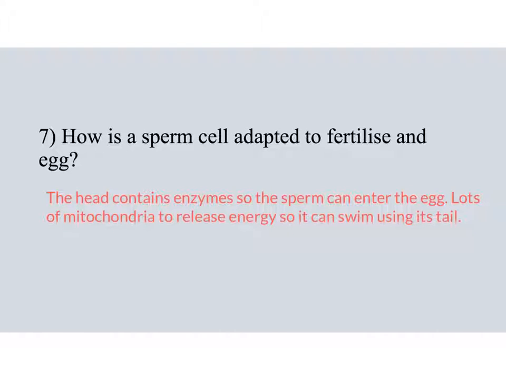Question 7. How is a sperm cell adapted to fertilize an egg? The head contains enzymes so the sperm can enter the egg, lots of mitochondria to release energy so it can swim using its tail.